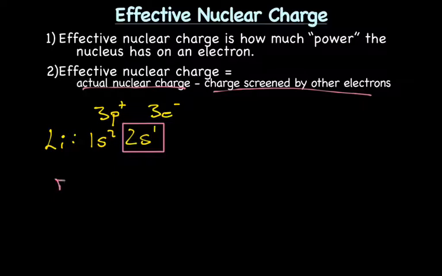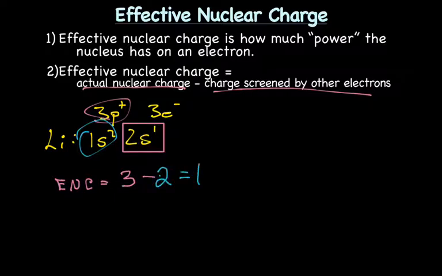So its effective nuclear charge equals the actual charge, which is 3, minus the charge screened by other electrons. There are 2 electrons between the nucleus and the outermost or valence electron, so it'd be 3 minus 2, so the effective nuclear charge is 1.